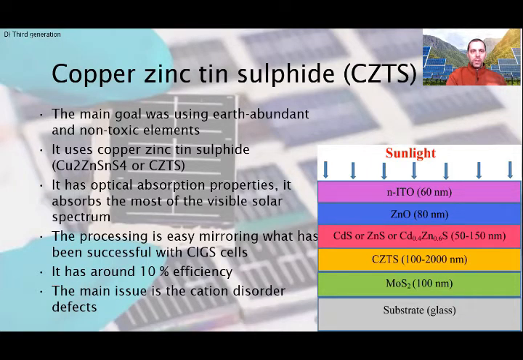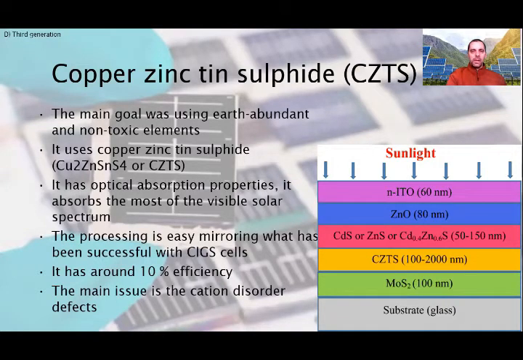CZTS is a quaternary compound semiconductor with promising optical absorption properties, a direct band-gap energy of roughly 1.5 eV, and a large absorption coefficient to absorb most of the visible solar spectrum. CZTS film contains neither rare metals nor toxic materials and can be combined with a cadmium-free buffer layer to produce solar cells that are completely non-toxic.